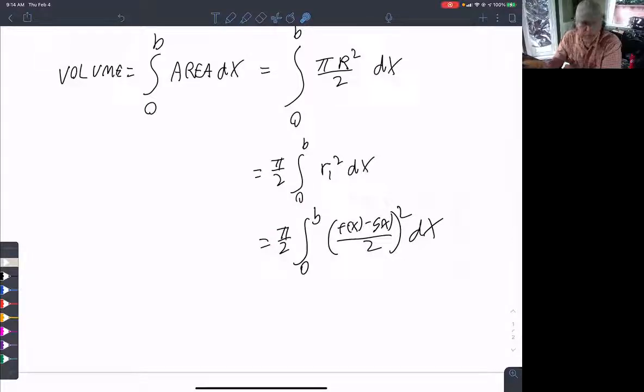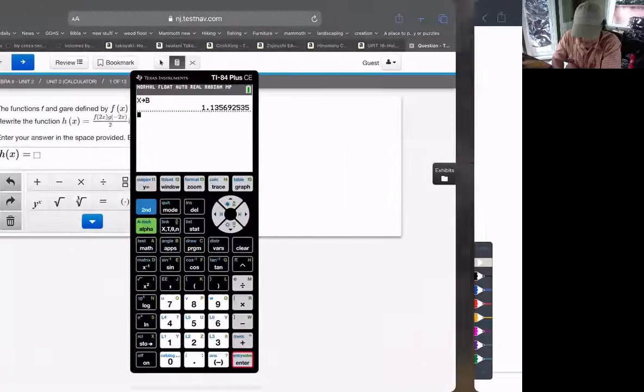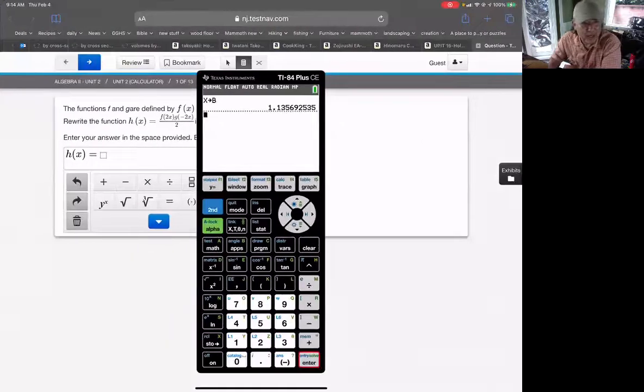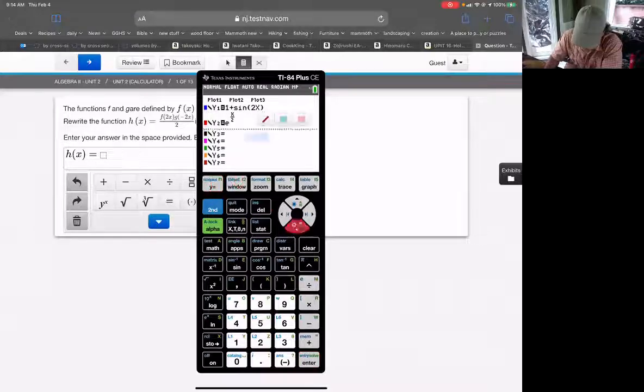Honestly, here's what I would do so I don't make a mistake. I'm going to make my y3 equal to r. Watch this. I'm going to go to y equals. I'm going to scroll down to y3. I'm going to make that my r. How am I going to do that? I'm going to make a fraction.